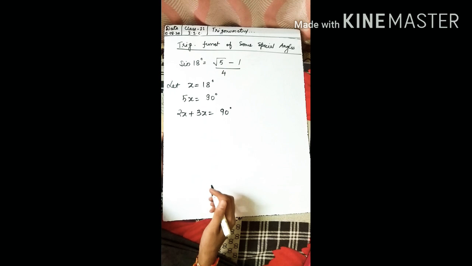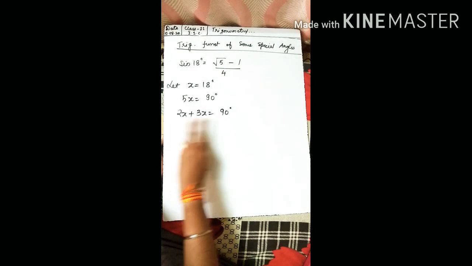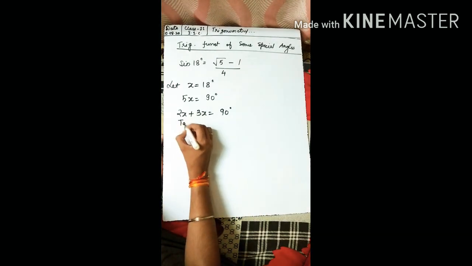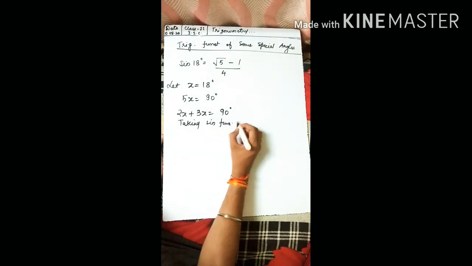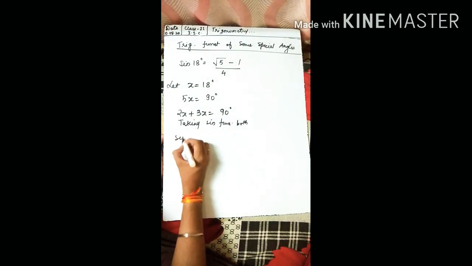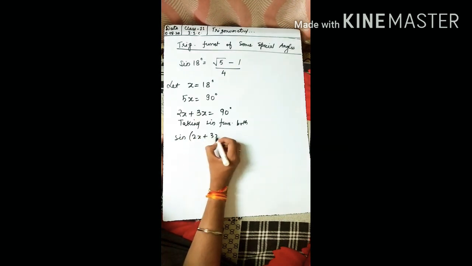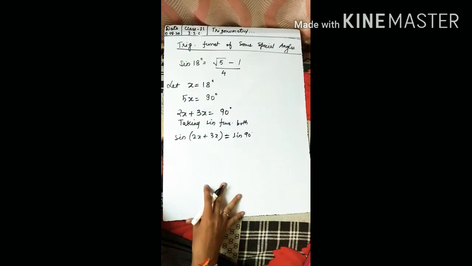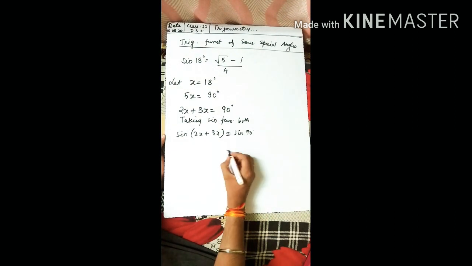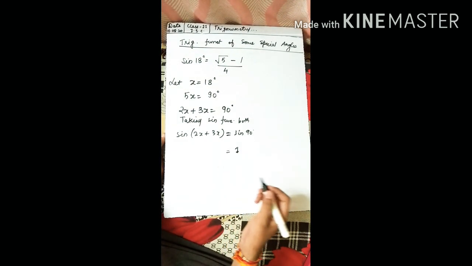Now just take the sine function on both sides. So taking the sine function on both sides, sine of 2x plus 3x is equal to sine 90 degree. Now what is sine 90 degree? We know that it is 1.